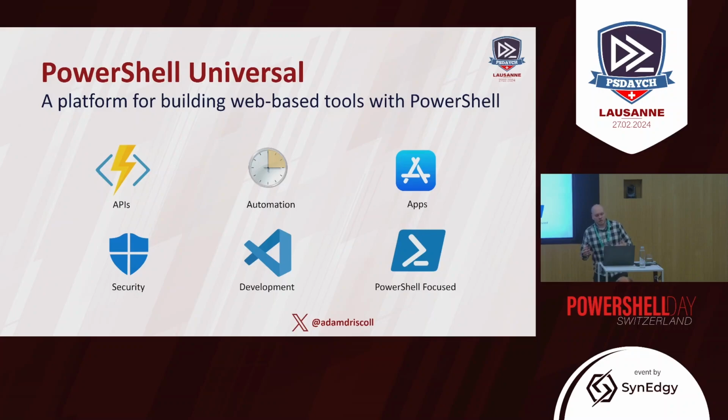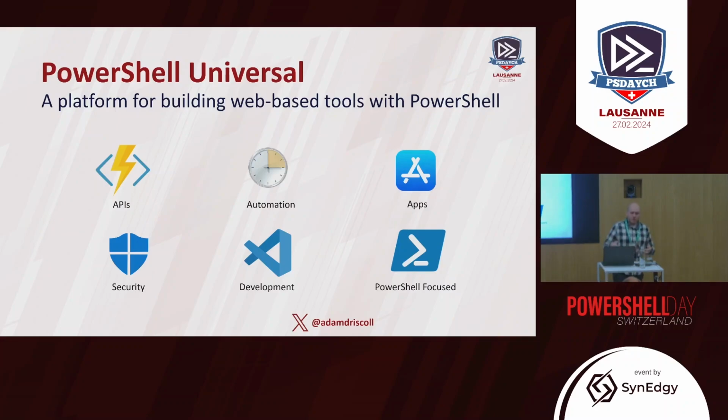PowerShell Universal has a bunch of security features, such as authentication and authorization to systems like Azure Active Directory or Entra ID, on-prem Active Directory via Windows authentication and WS-Federation, and that kind of thing. It also has a bunch of built-in development features for PowerShell, including IntelliSense and syntax highlighting, code formatting via PSScriptAnalyzer, and even debugging directly in the platform.